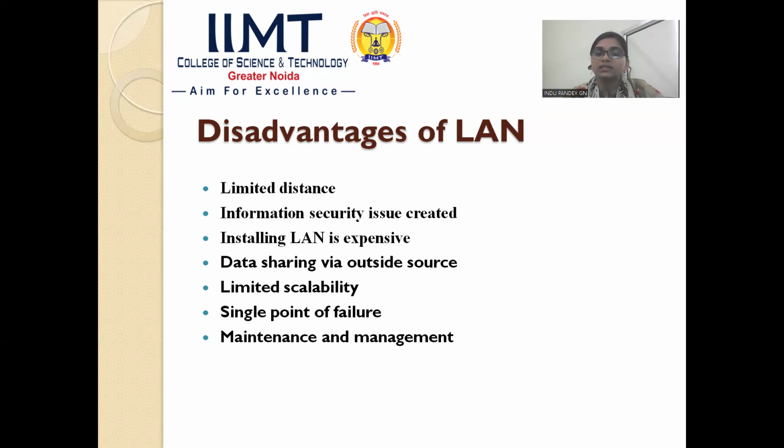It has limited scalability also. A single point of failure means if any device cannot function properly, that may affect the entire network of that particular area. Maintenance and management are required in a LAN in a specific way. Proper training and development of skills are required to maintain any LAN connection.